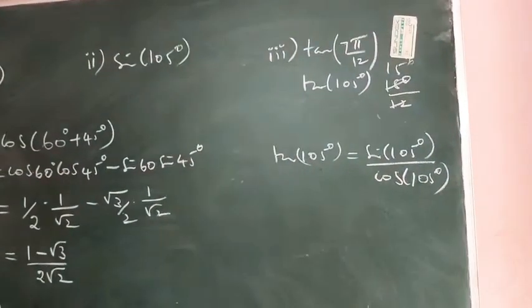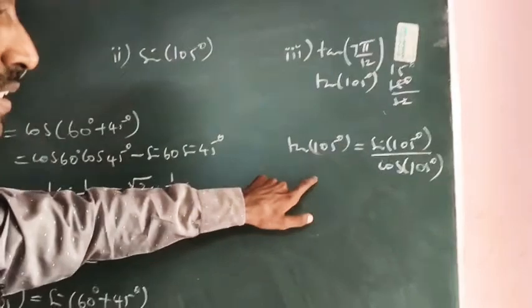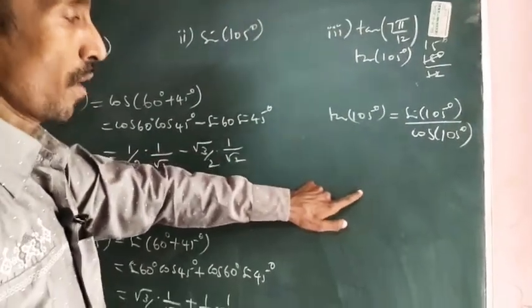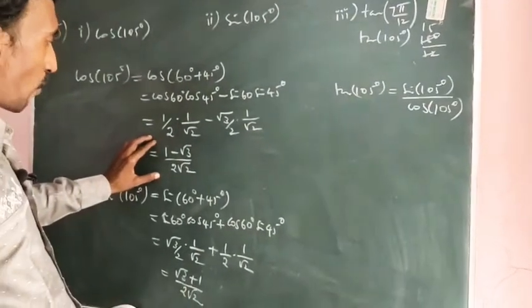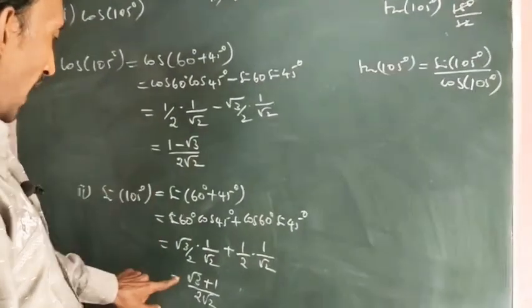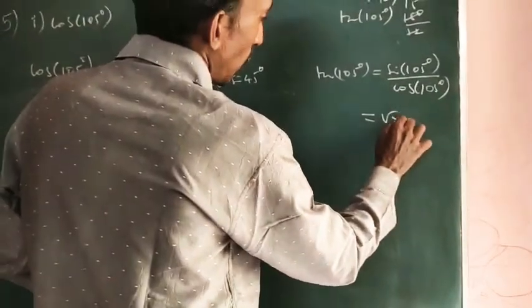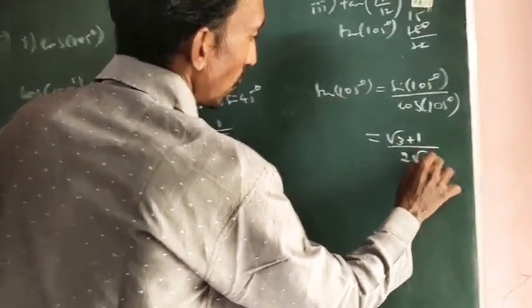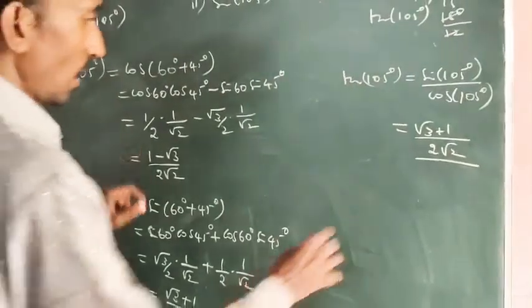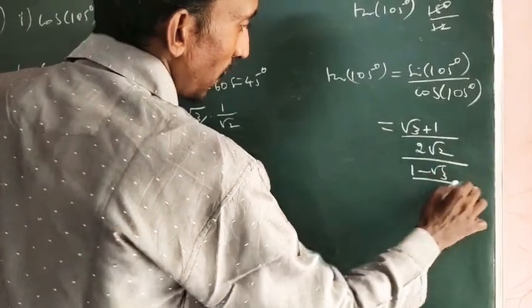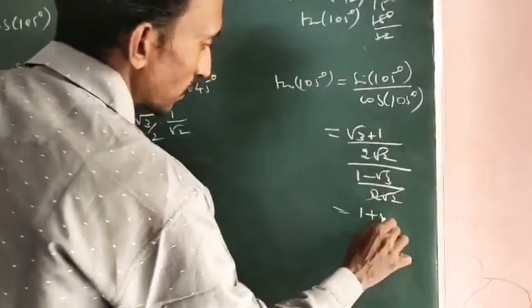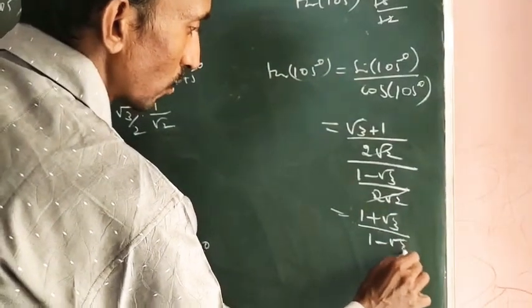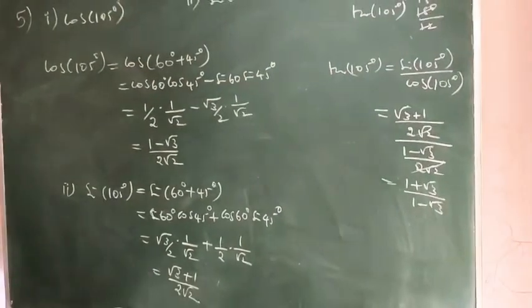Either apply the formula directly, tan 60 plus tan 45 by 1 minus tan 60 into tan 45, or use what we found: root 3 plus 1 by 2 root 2 divided by 1 minus root 3 by 2 root 2. So it cancels, and we can write this as 1 plus root 3 by 1 minus root 3. We can get it directly.